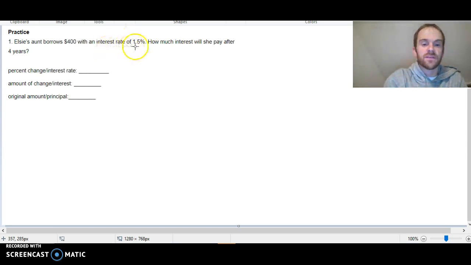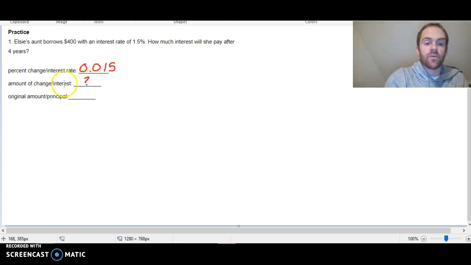So if I look at this problem here, that 1.5% is going to be my interest rate. And so we are going to use that in decimal form in my percentage equations. And then what's the amount of change, or what's the interest? Well, that's what we're trying to find out.